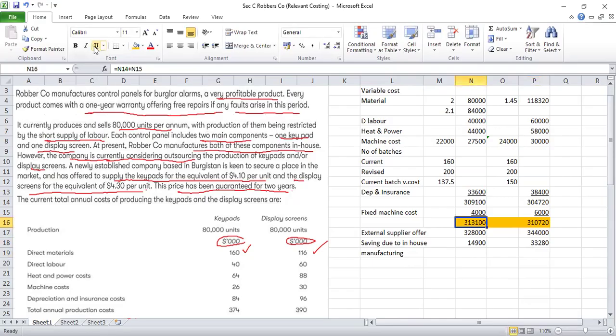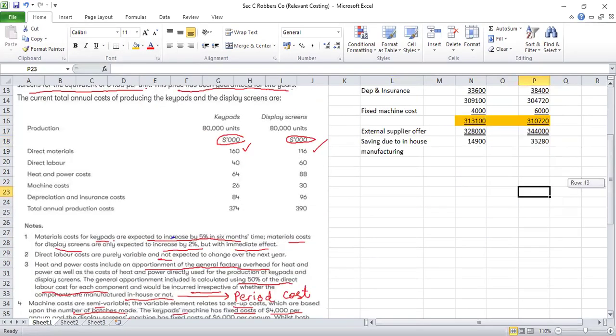We will definitely go for in-house manufacturing, and we will not go for the external supplier. Why? Because the external supplier is asking for a higher value, right? Any question? And we have the saving if we produce in-house. This was part A, and we are done with part A.